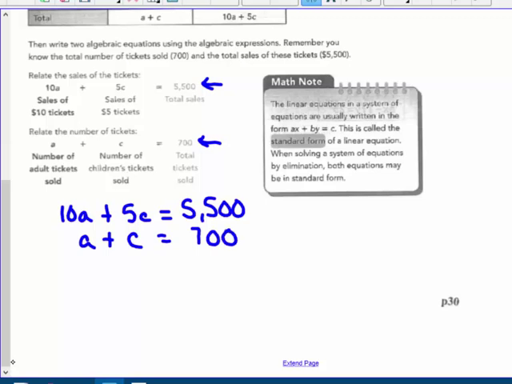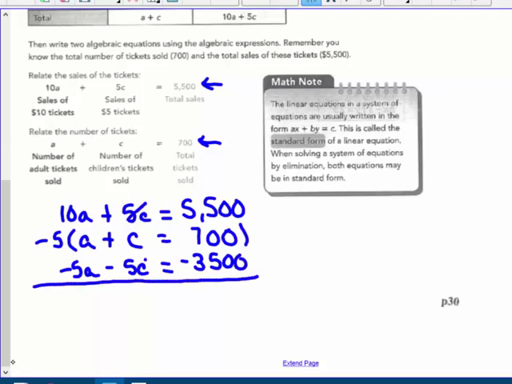So I'm going to multiply this by -5, and I can get my c's to cancel. So I get -5a's minus 5c's equals -3,500. When I combine these, I get 5a's equals 2,000.